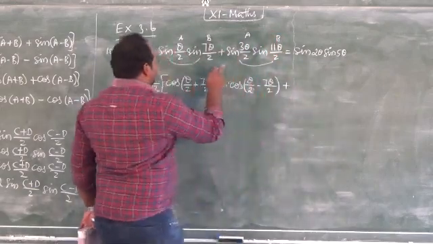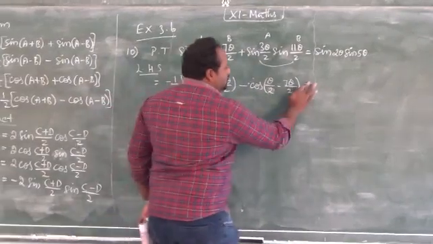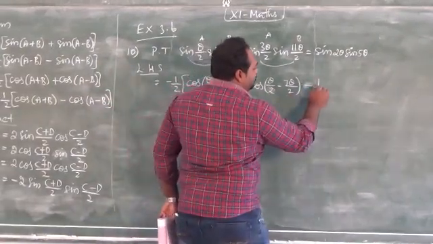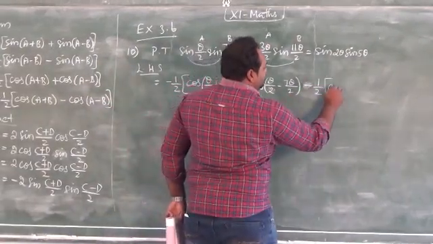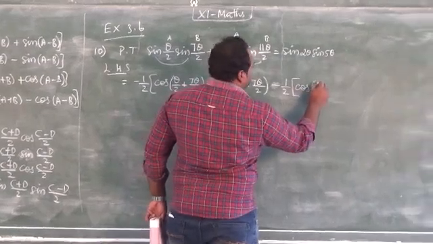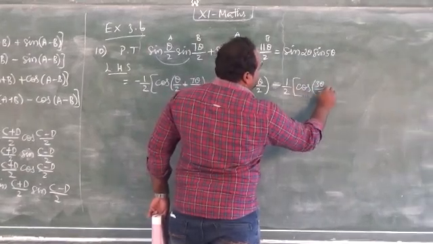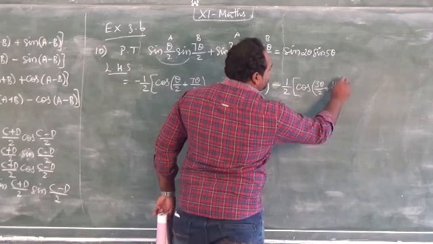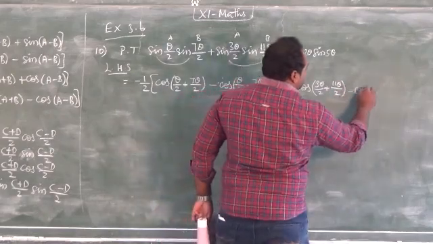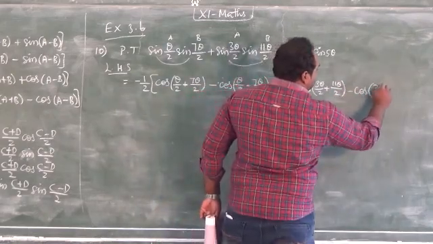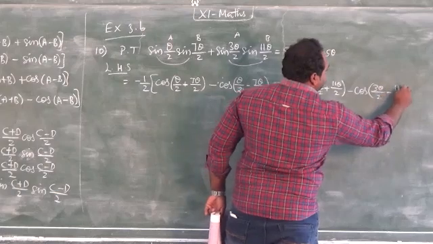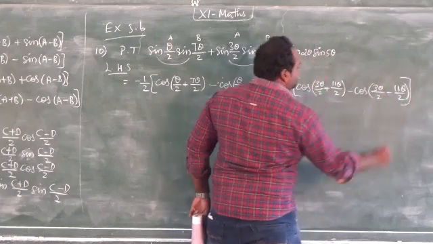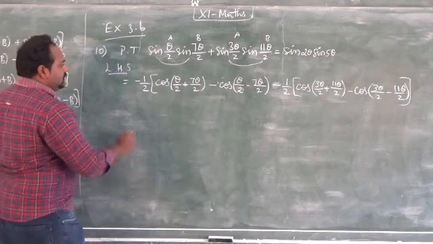Its formula is minus 1 by 2. So I am going to take minus 1 by 2 into cos of 3 theta by 2 plus 11 theta by 2 minus cos of 3 theta by 2 minus 11 theta by 2.